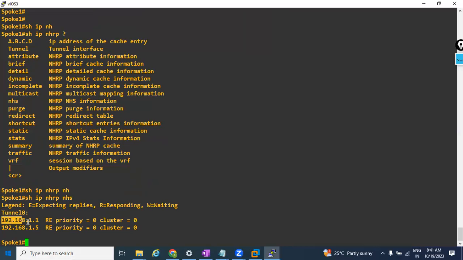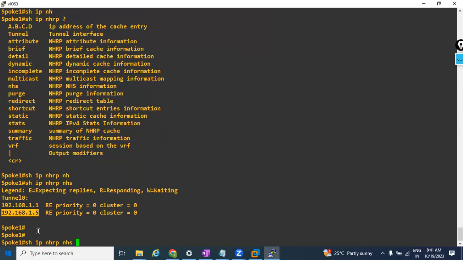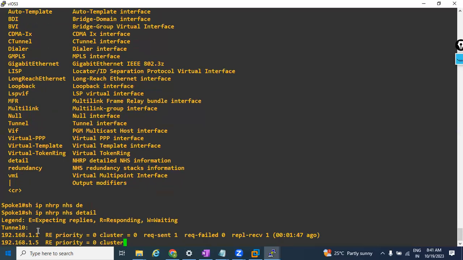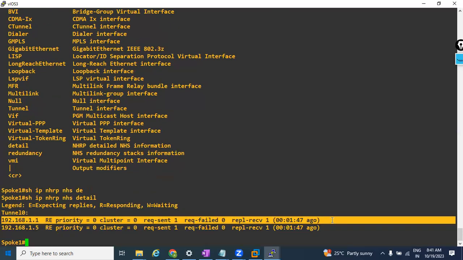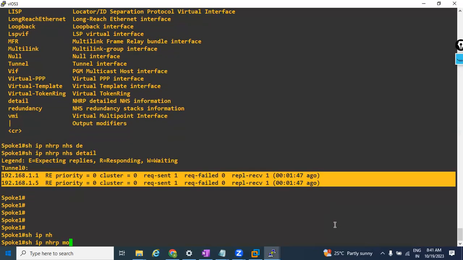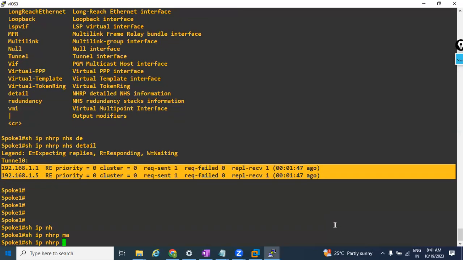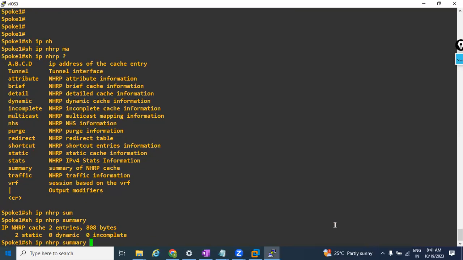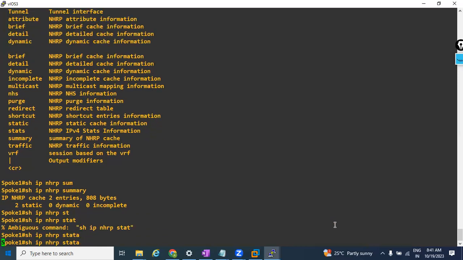Who's my NHS? 1.1 and 1.5 here. Further, just a question mark here. Then detail, if you check it, this is all about the details. Show IP NHRP, and after that, this is the summary. And this is if we want to check the stats.